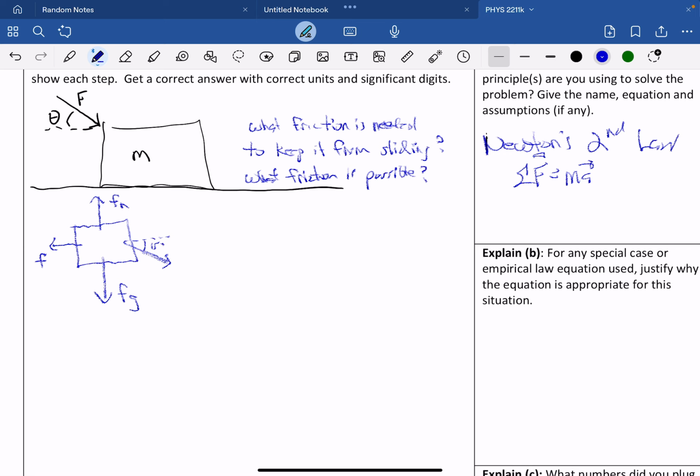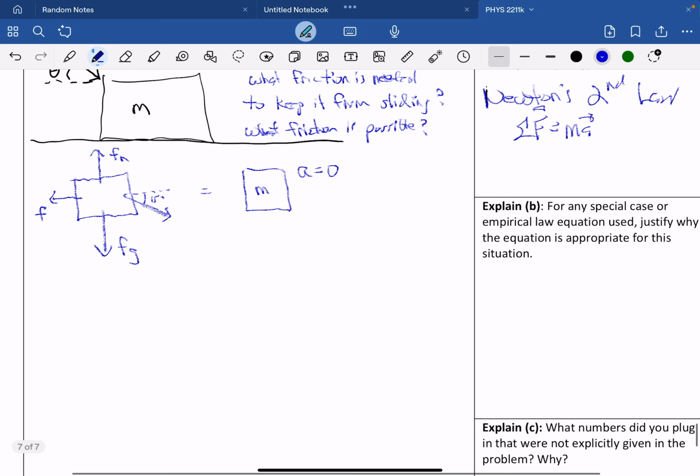To figure out what friction is needed to keep it from sliding, we're going to assume that it doesn't slide, which means that if we add up all these forces, we should get an acceleration of 0. I'm going to pick a coordinate system where the x direction is forward and the y direction is up.